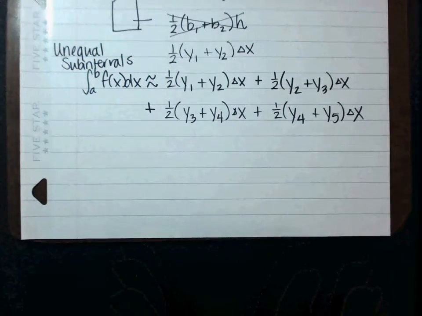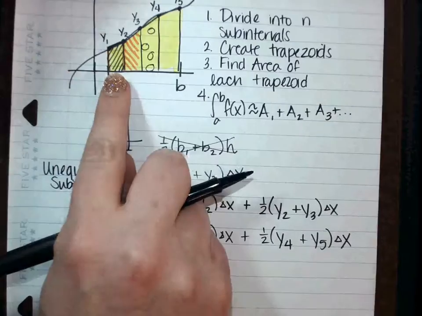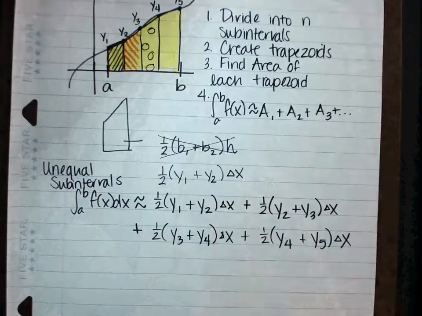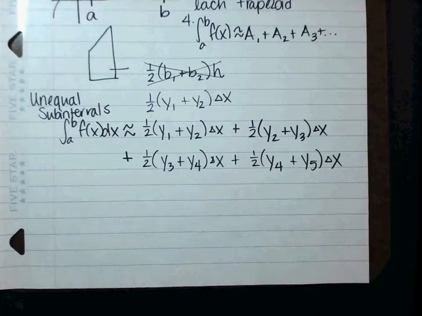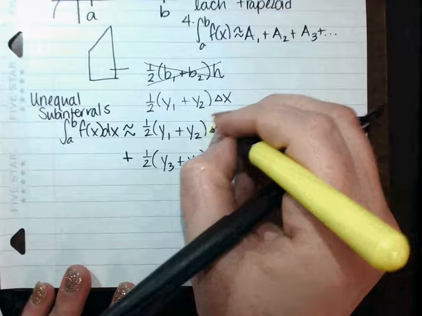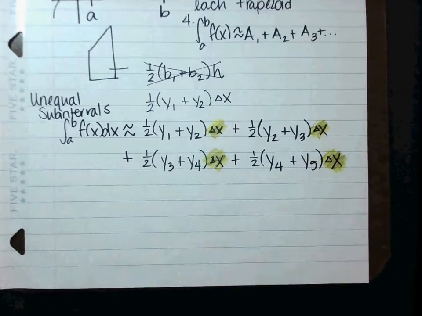Let's pretend though now, kind of like I tried to draw my picture, that all of your delta x's are the same. So like you're going by 2 each time. What could you do if all of your delta x's are the exact same number and they're in every single term? Every single one has one. What could you do with it?